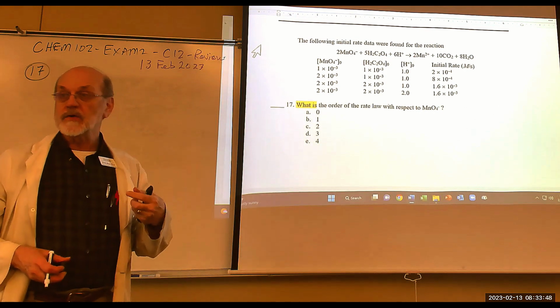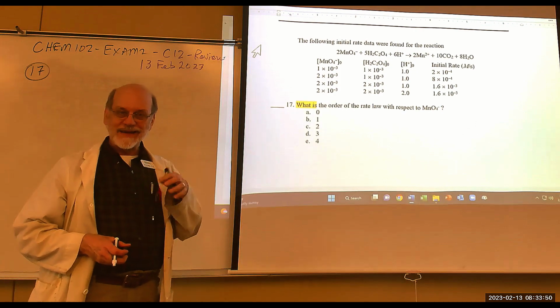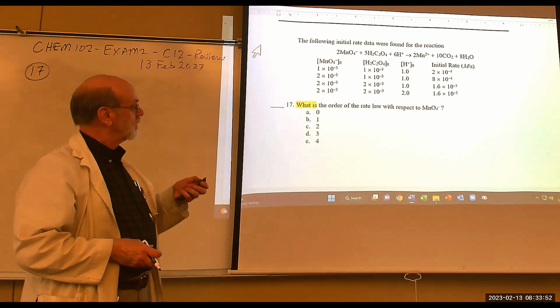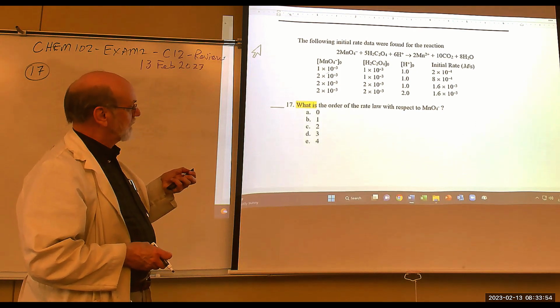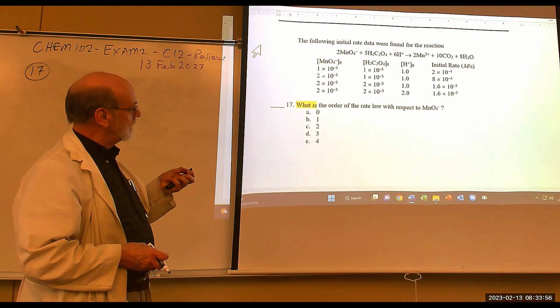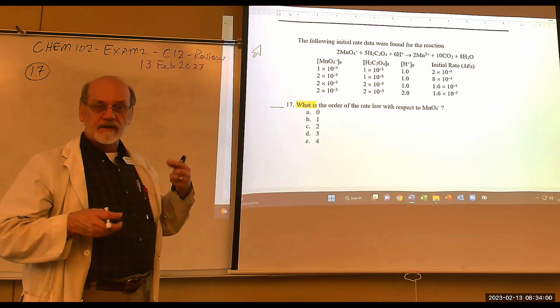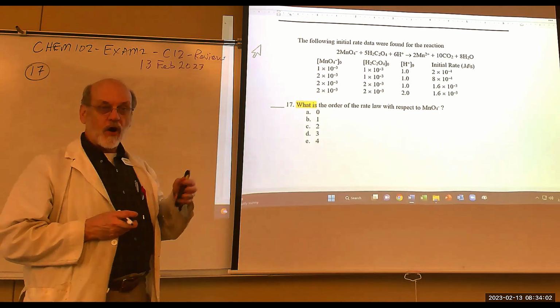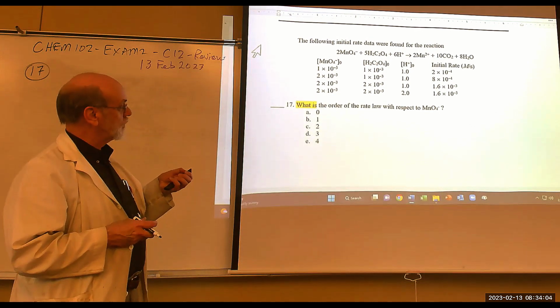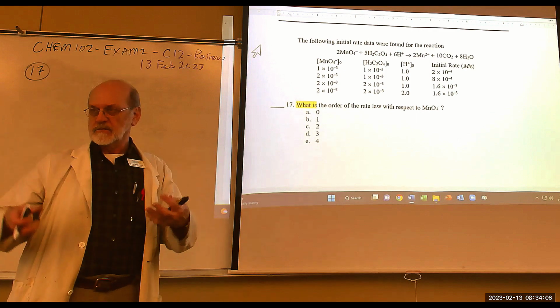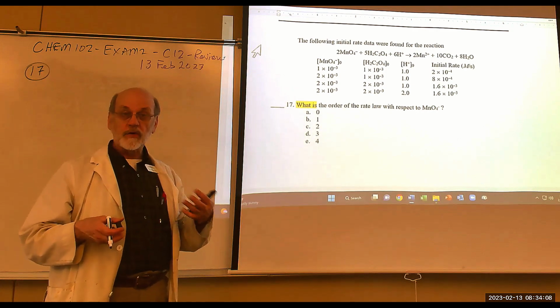So that's the one we focus on, right? We're trying to get at the order for manganese. So we want to ratio the rate laws for this one and this one, so that we can be left only with that term, and then we can deduce the order for it.